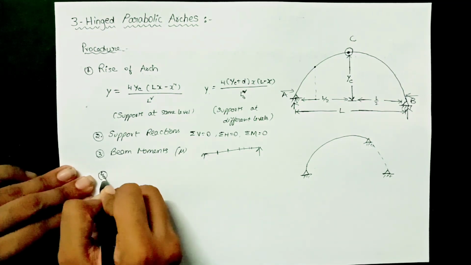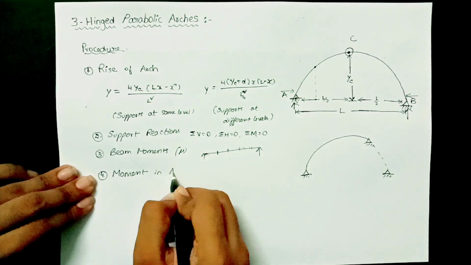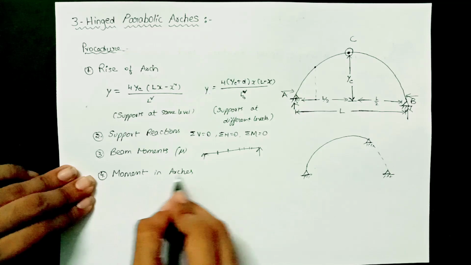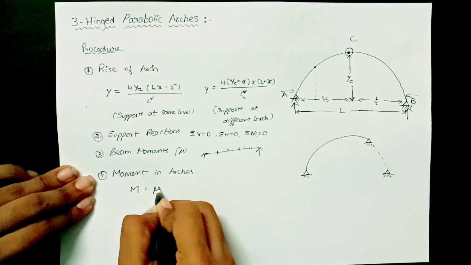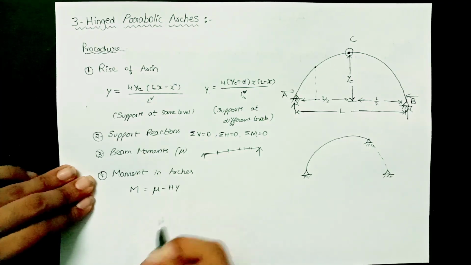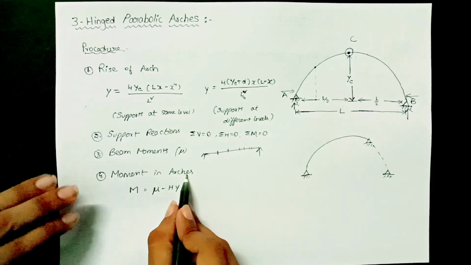The next step is to calculate the moment in arches. The moment in arch, let it be M, is calculated as Mu minus H into y. This is the formula for calculation of moment in arches.